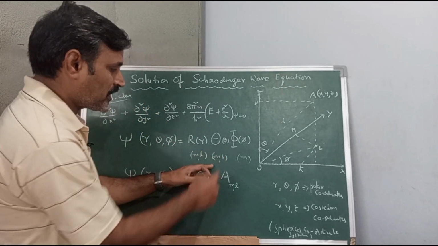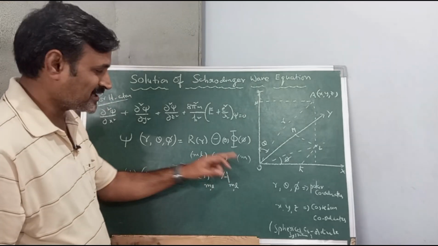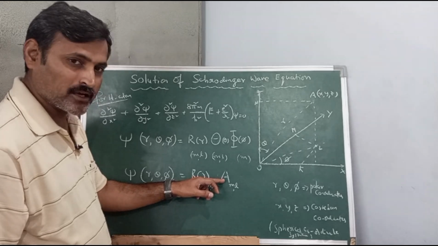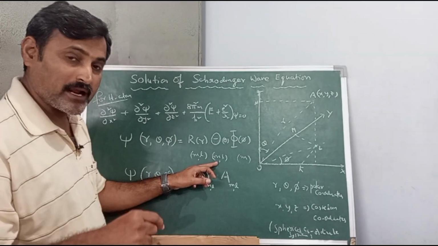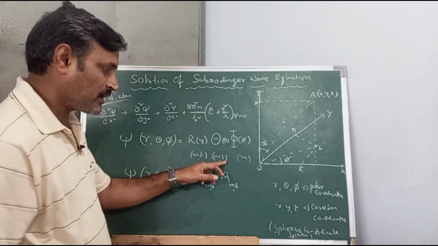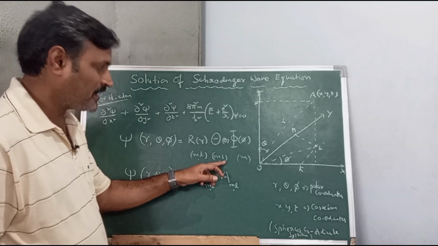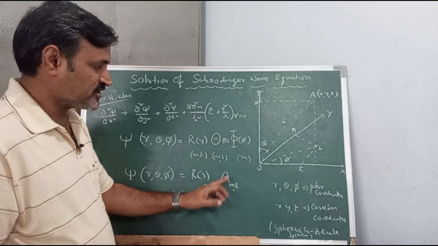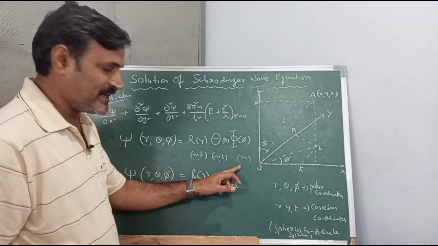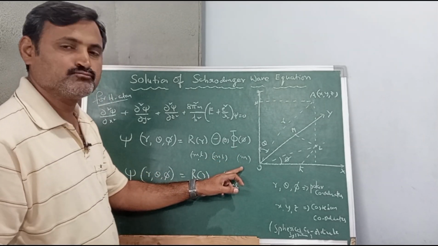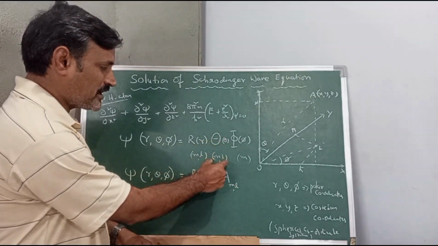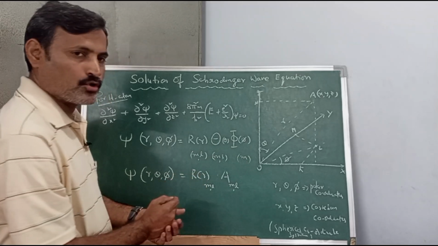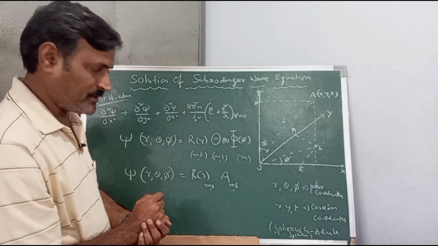Whereas of the other two functions here, theta is also a part of the angular wave function, which depends on the magnetic as well as orbital quantum number, and the other part of the angular wave function is phi. Phi depends only on the magnetic quantum number. Here we will come to know the shape and the type of the orbital. Here we will come to know the orientation of the orbital.